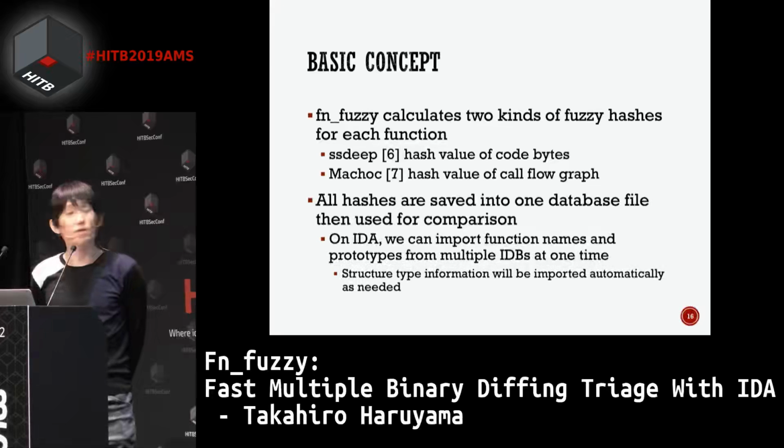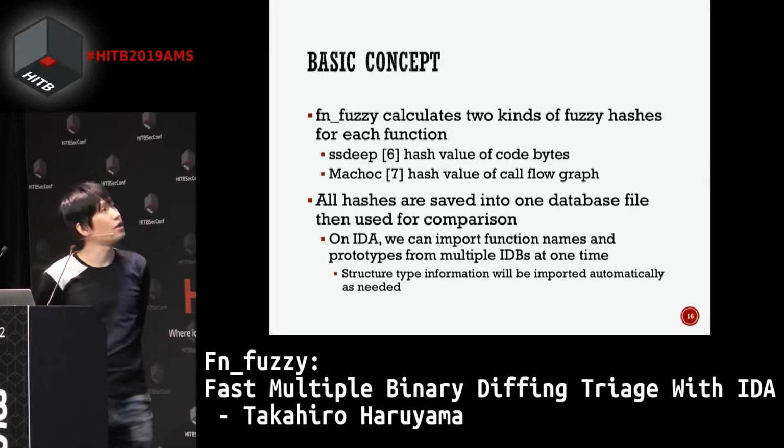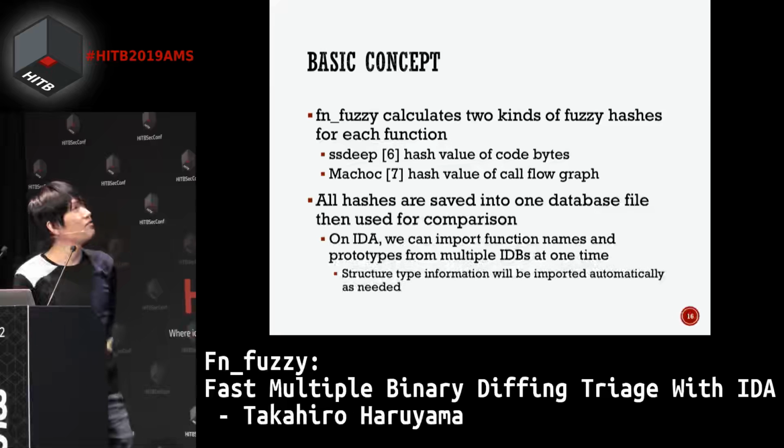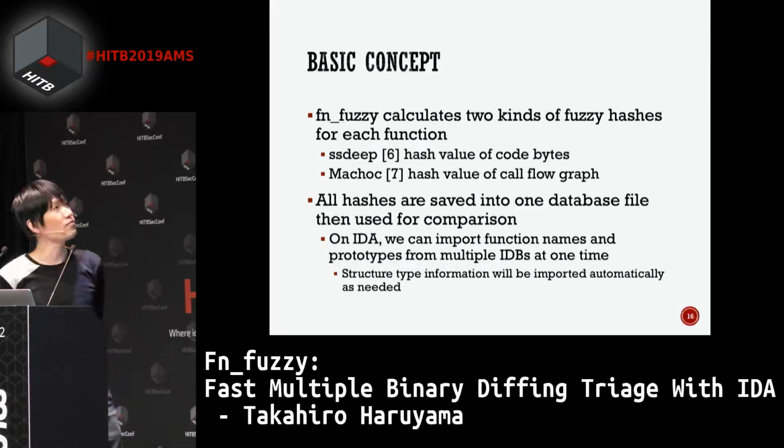FN Fuzzy calculates 2 kinds of fuzzy hashes for each function. One is the ssdeep hash value for extracted code bytes. The other is, I'm not sure how to read it again, but I read it as Machoc, the Machoc hash value for the call flow graph.